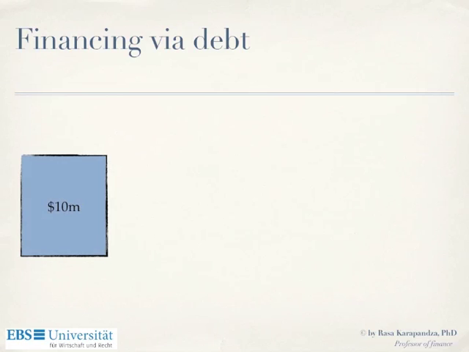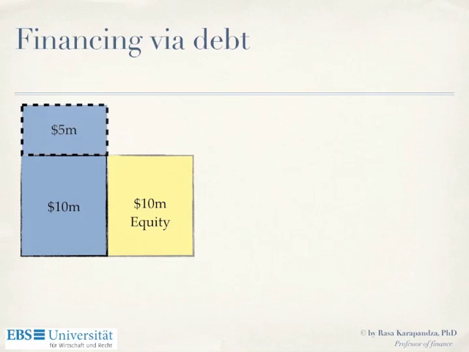So, let's imagine we have exactly the same situation as before. We have this company which is worth 10 million, and every part of this company is owned by somebody. And now they need another $5 million in order to invest in new ships. They can go to a bank and say, okay, dear bank, can you give me $5 million?